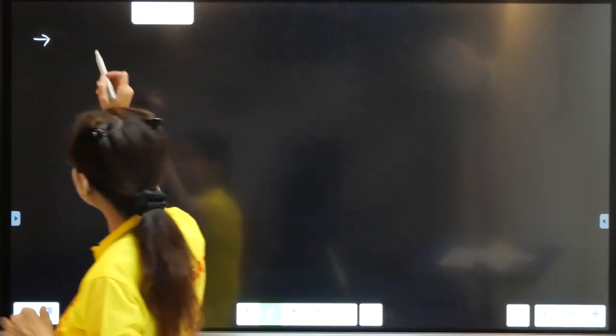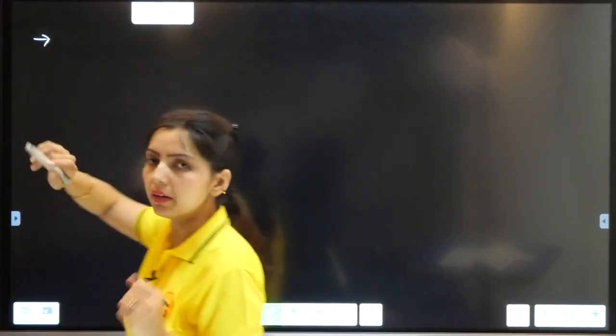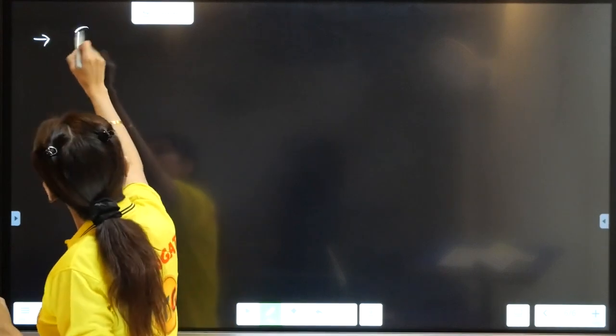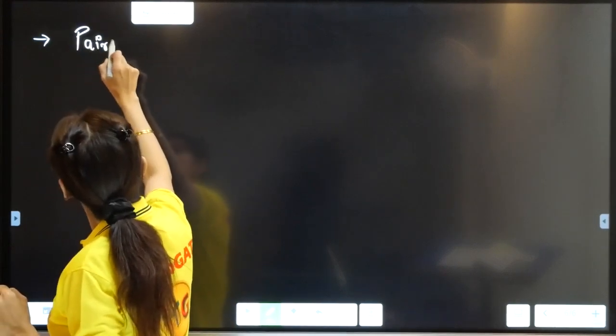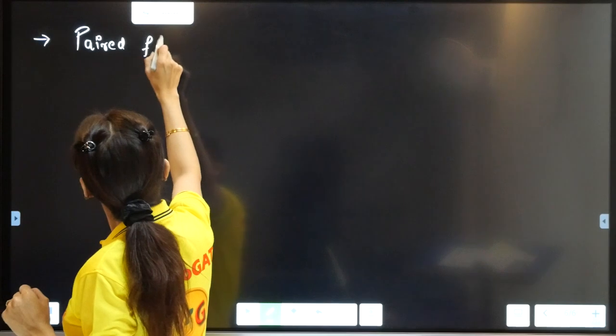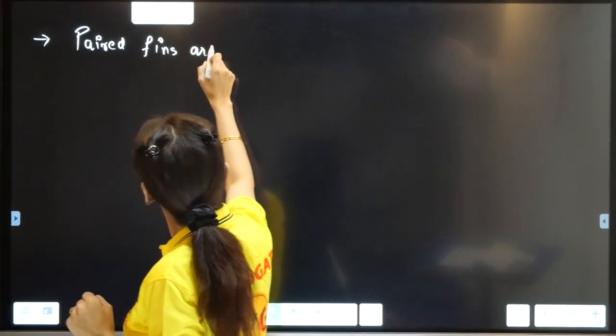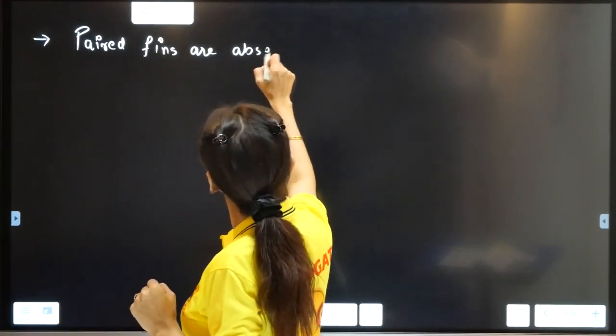Okay, we will make a special lecture on this part as well. Types of fins. What are the different names used for fins? Pectoral fins, pelvic fins, paired fins, tail fins. We will study about them in the next part. So write down for now, paired fins are absent.